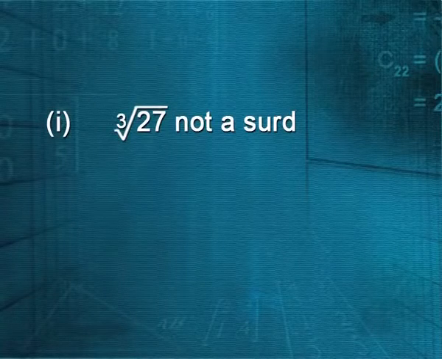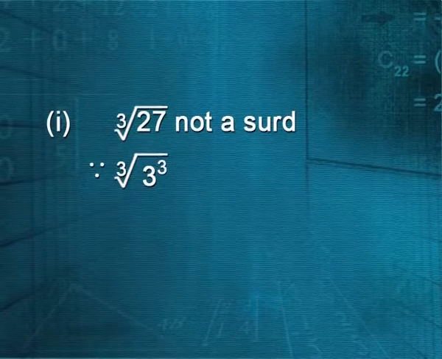Let us see some of the examples where the given expression is a surd or it is not a surd. Example 1, cube root of 27. It may be called third root of 27 also. You know that 27 can be written as 3 into 3 into 3, because 3 3s are 9 and 9 3s are 27.